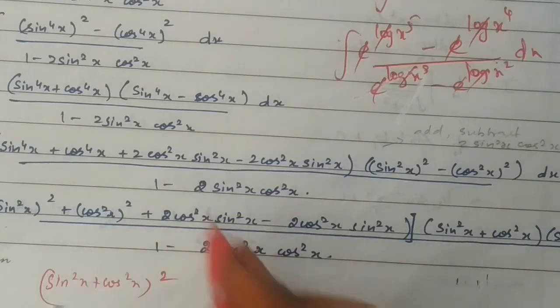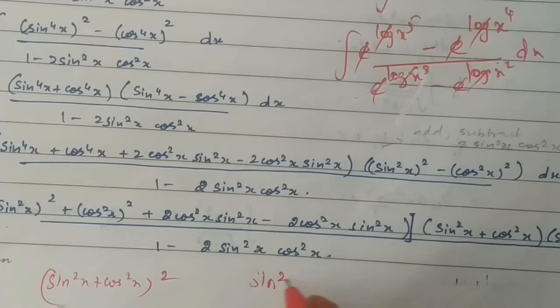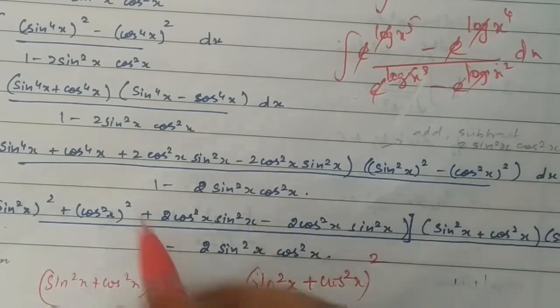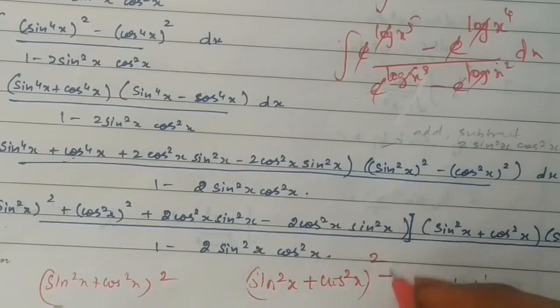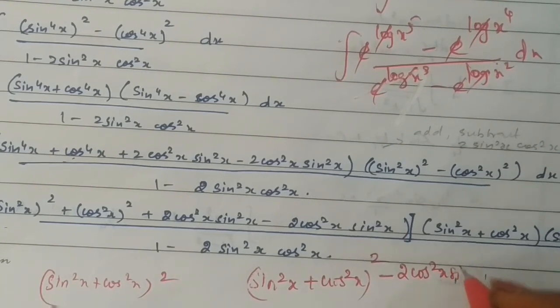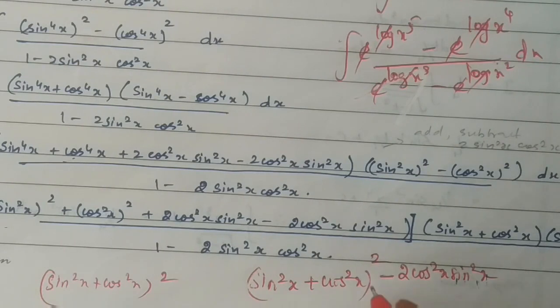That is nothing but, A term is sin squared x, plus cos squared x, the whole square. Therefore A plus B the whole square. Remaining term is 2 cos squared x sin squared x. Now sin squared x plus cos squared x becomes 1. Therefore 1 minus 2 cos squared x sin squared x.